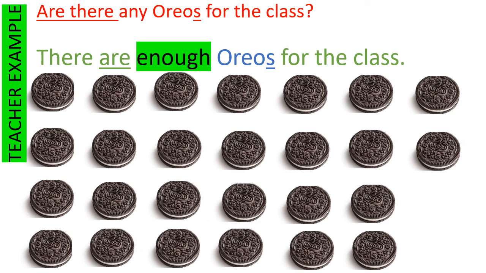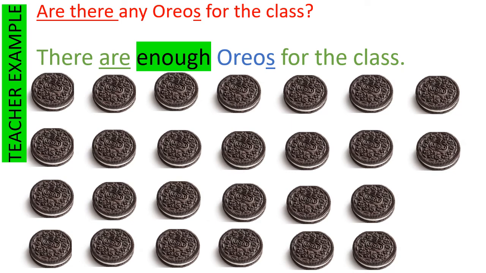Okay? That is correct. What's not correct is if you say have enough Oreos for the class. That is not correct, because remember, when you say have, you must answer the question who or what has.